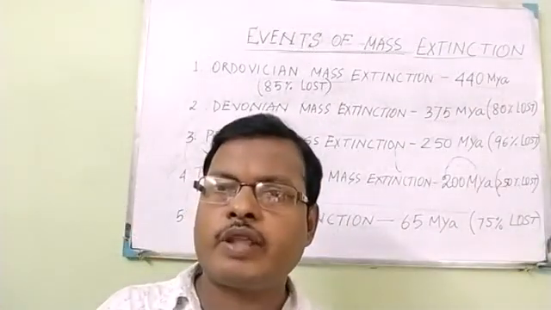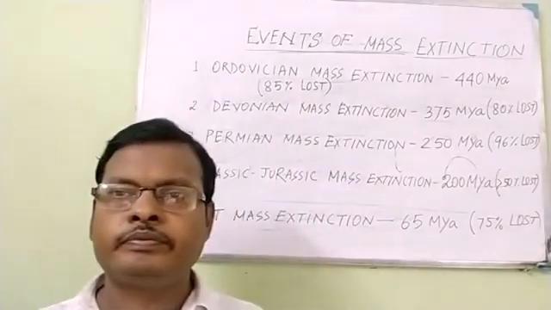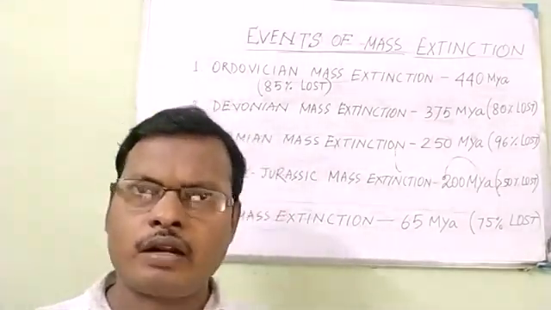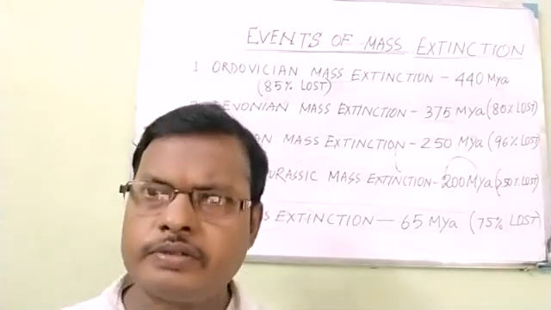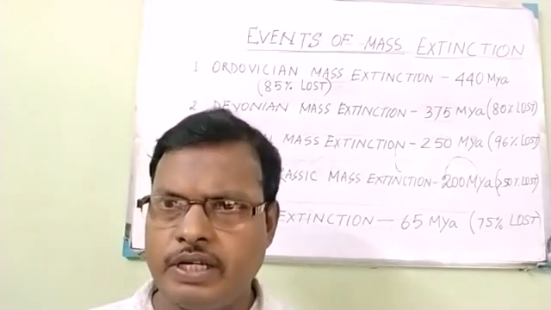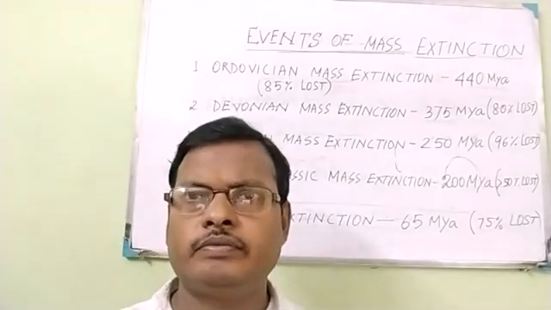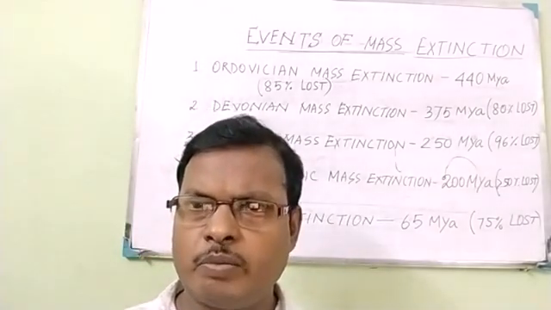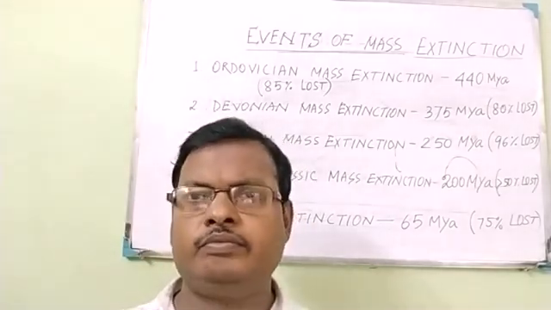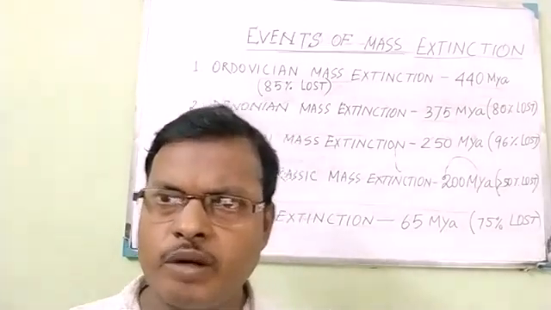The reasons of mass extinction that scientists conceive are climatic changes, rise and fall of sea level, mainly formation and melting of ice caps present on the surface and mountain tops.